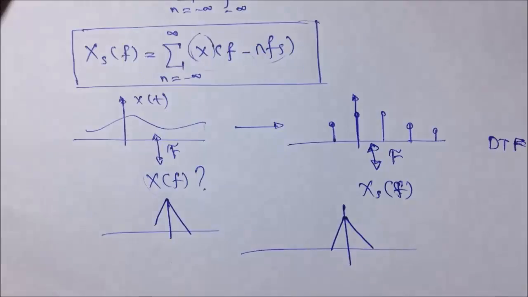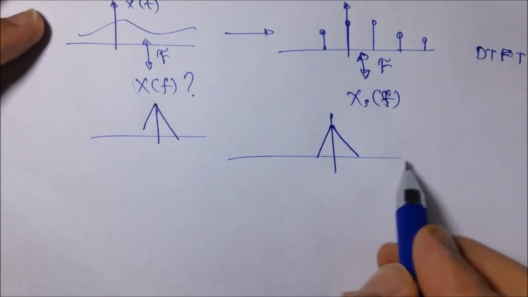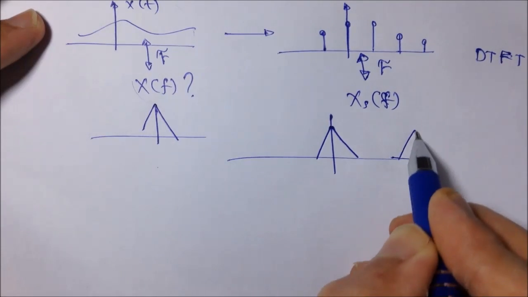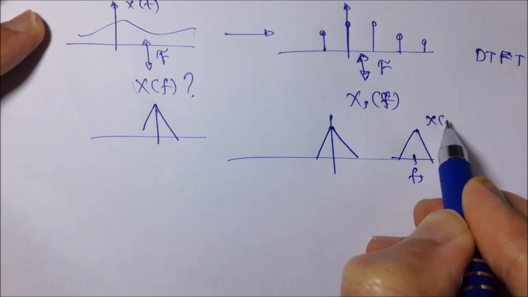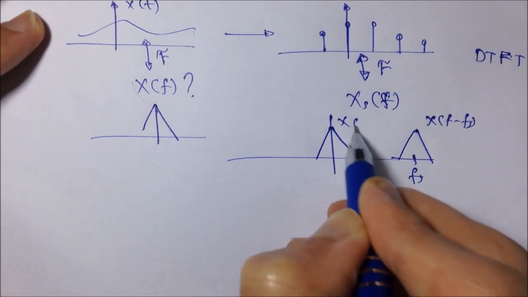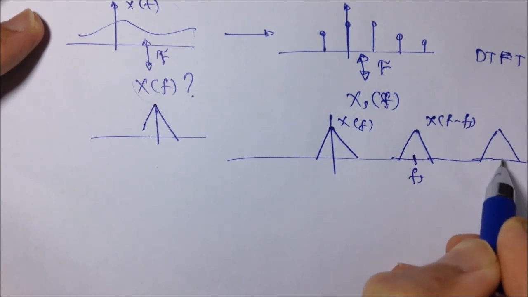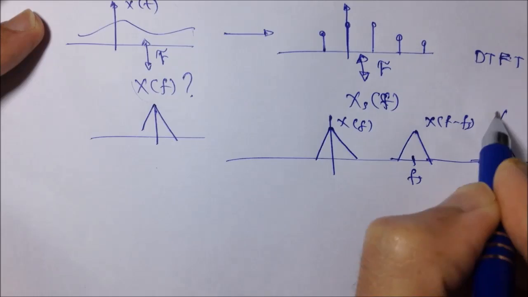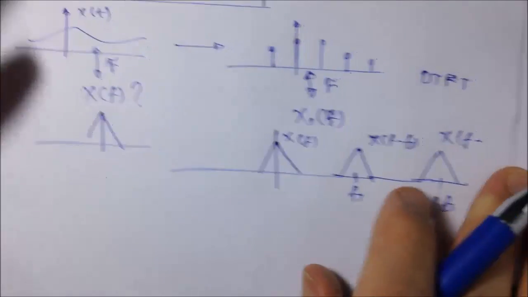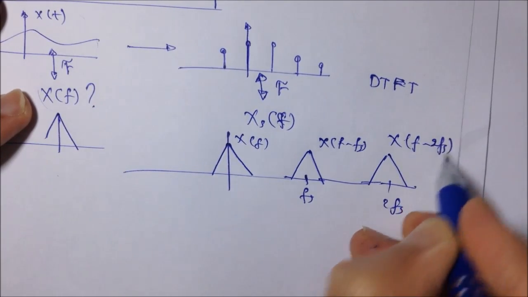When n equals 1, X of f minus fs, so at fs frequency we have another X of f. Then at 2fs we have X of f minus 2fs.